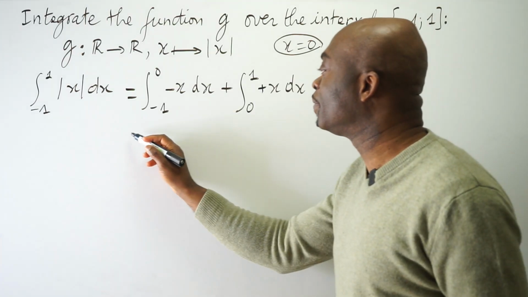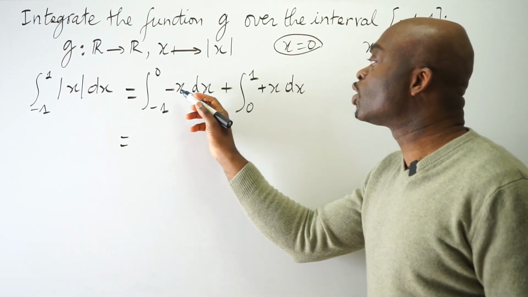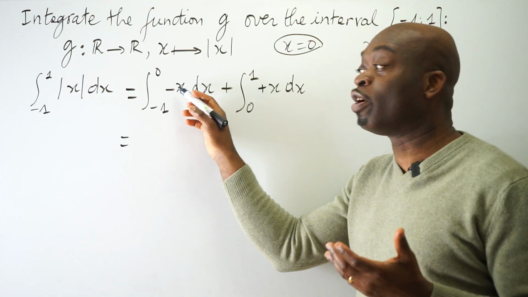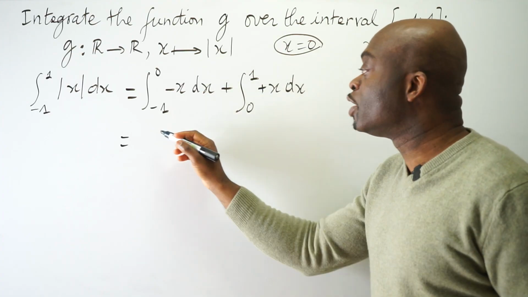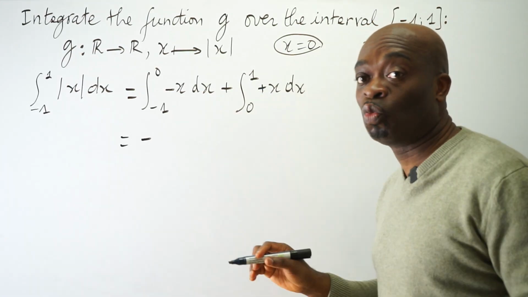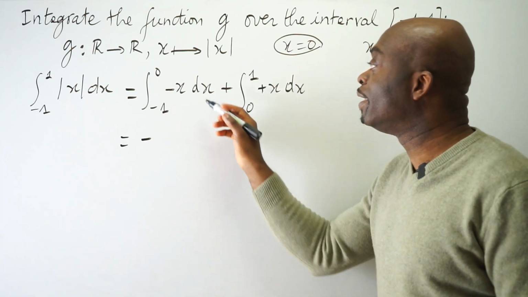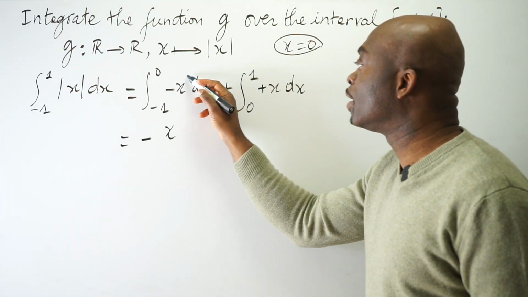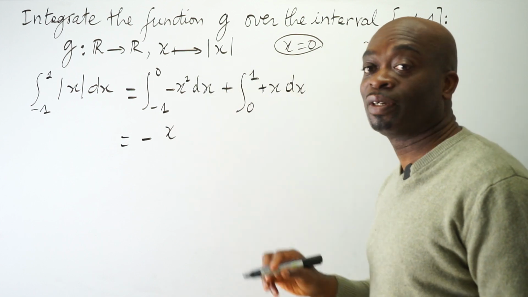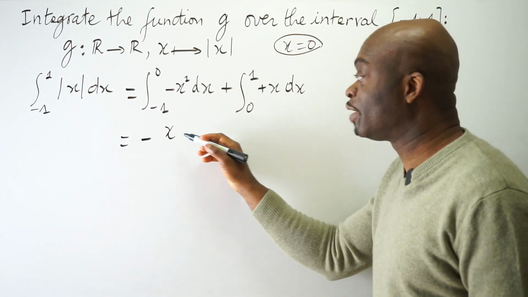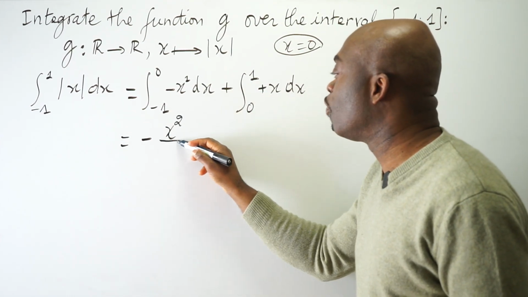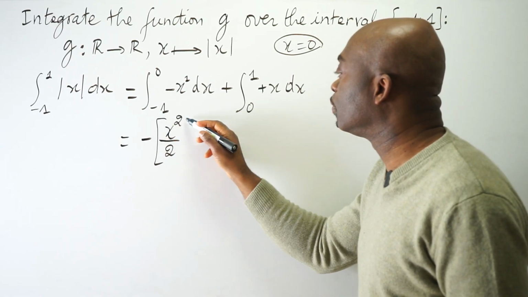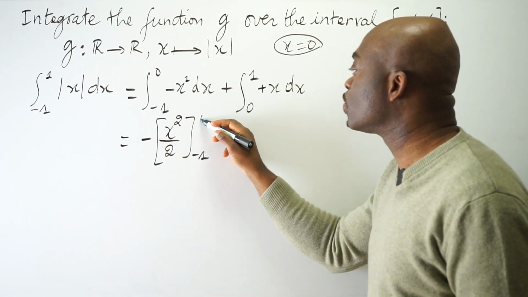From here, you can now get going. We already know how to find the integral of such a function x. Here we have a negative, and we keep the negative sign. Then x becomes x to the power of 1 plus 1, over 2, evaluated from -1 to 0.